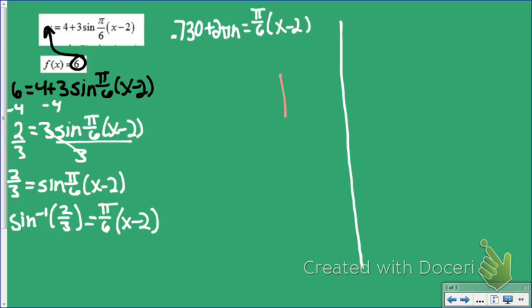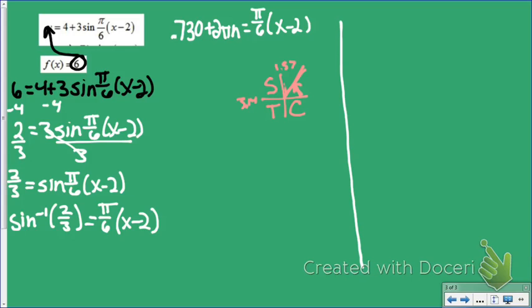Now my second equation here, again, I have to think about this a little bit. If I go back, this is sine inverse of a positive number. So the principal value for inverse sine of a positive number goes in the first quadrant. The answer my calculator gave me is 0.730 radians. Again, remember, this is 1.57 radians, and that's 3.14 radians, it's pi radians.